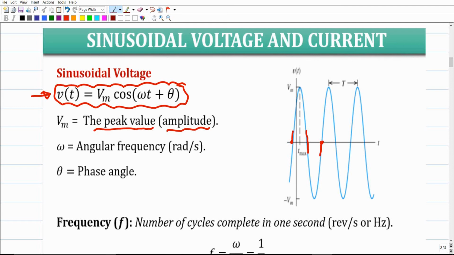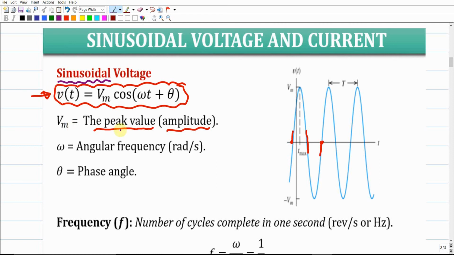So as a result, since the voltage is already having a sinusoidal form, we are expecting as well that the current is going to have the same form. It's going to have a similar form. It is not exactly the same form, but it's going to also have a sinusoidal waveform. By the way, don't be confused that the word sinusoidal indicates just a sine function.